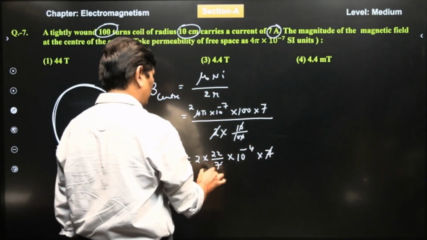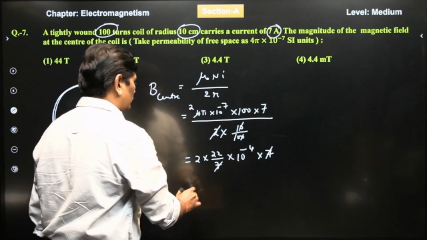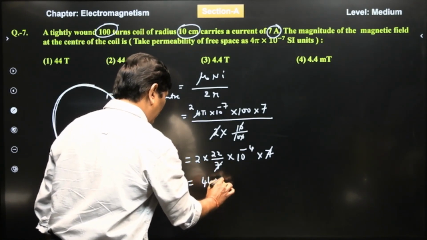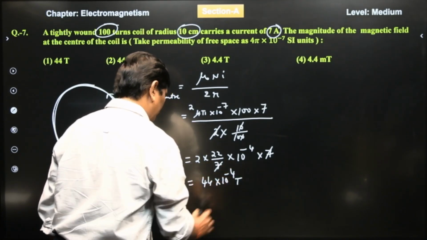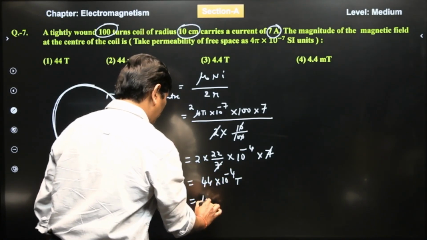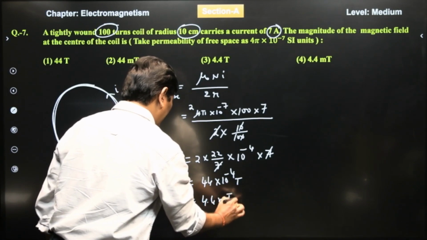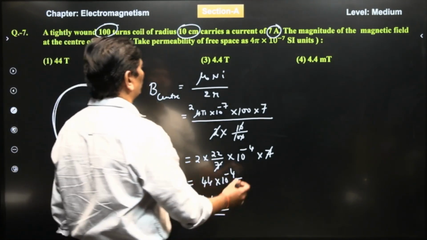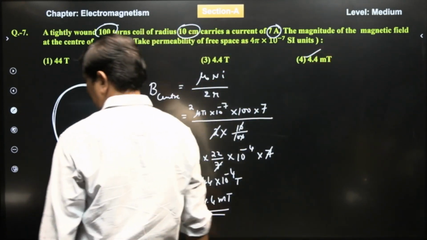This 7 gets cancelled. So we have 44 into 10 power minus 4 Tesla. You can write it as 4.4 millitesla. Right? 4.4 millitesla, fourth one.